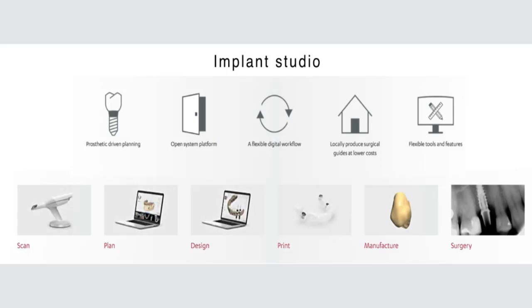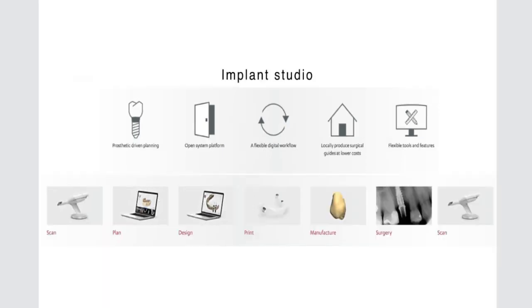For you in this audience, I would add another component: you scan in the beginning, and then you scan after the surgery, which makes a very interesting approach of tracking what you're doing. And in one of the cases I will present to you, ladies and gentlemen, you're going to see some of this happening after surgery and then during the healing process, and how that can be really important to all of us doing a treatment plan.